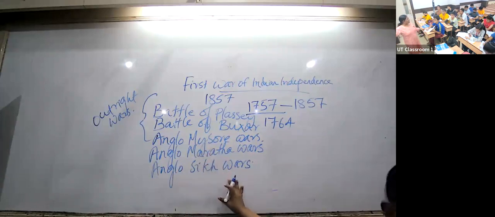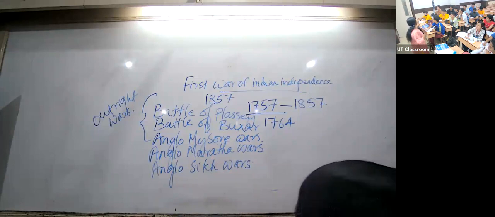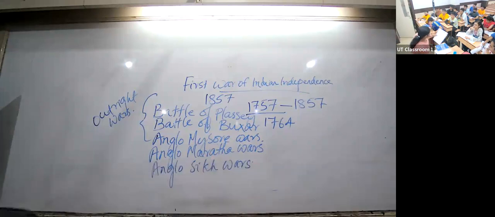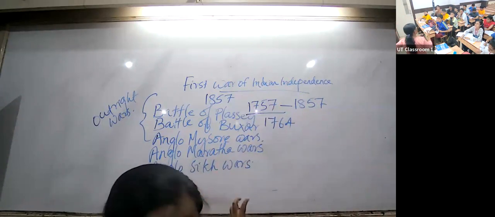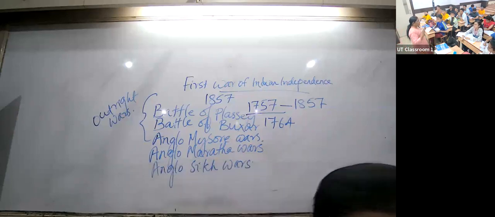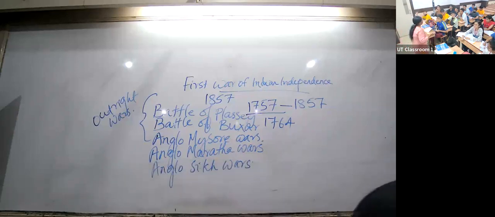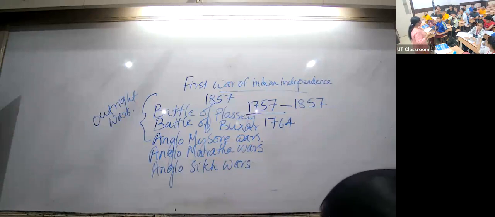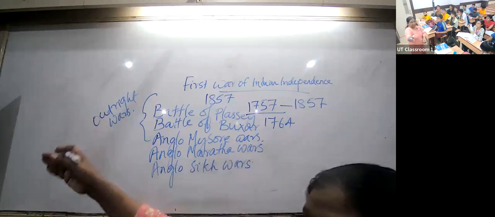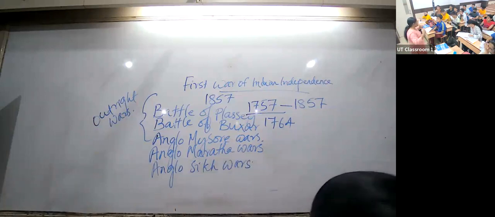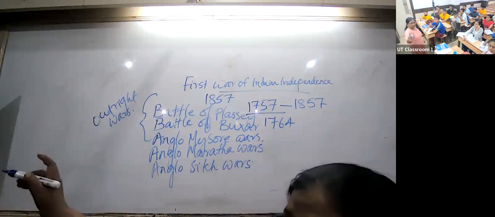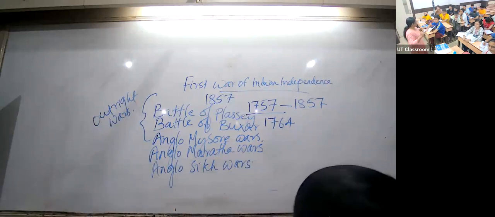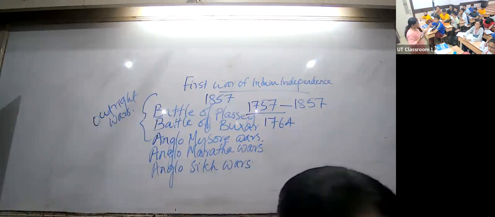That is establishing the control. To establish the control in India, these wars are very important. The Anglo-Afghan war was also there. That region was ruled by Afghan people, so that was not helpful in establishing British expansion. Okay, so up to this much was called the outright wars.